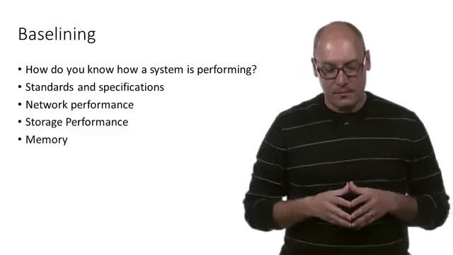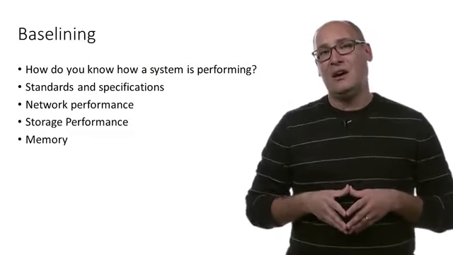So cars or cameras, phones. How do we know that one system is better than another? Well, this is baselining or performance testing. We can apply this to our systems.